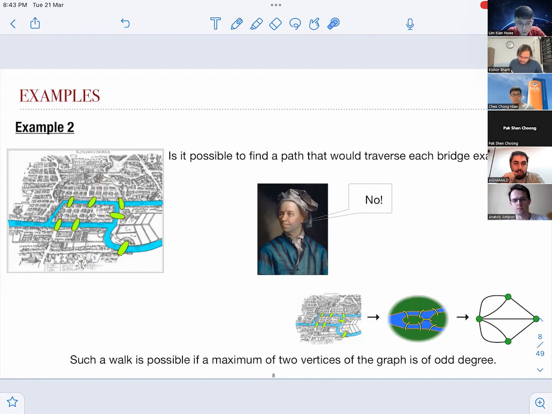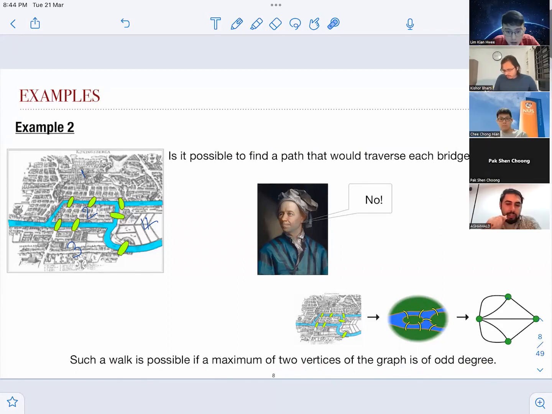So you have 4 different locations, and corresponding to that you have 4 vertices, and whichever are connected, you connect them via different bridges. So the edges are like bridges. Then he proved that such a walk is possible if a maximum of 2 vertices of the graph are of odd degree.